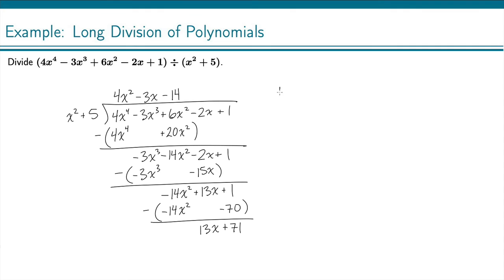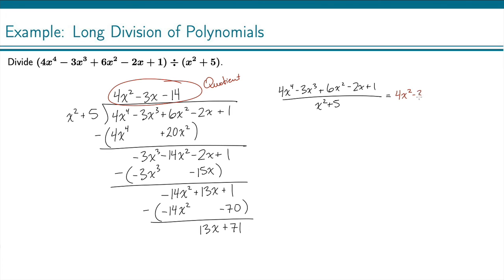So I go ahead and take my original 4x to the fourth minus 3x cubed plus 6x squared minus 2x plus 1 divided by the x squared plus 5 is equal to, I have my quotient. So I write my quotient, 4x squared minus 3x minus 14.